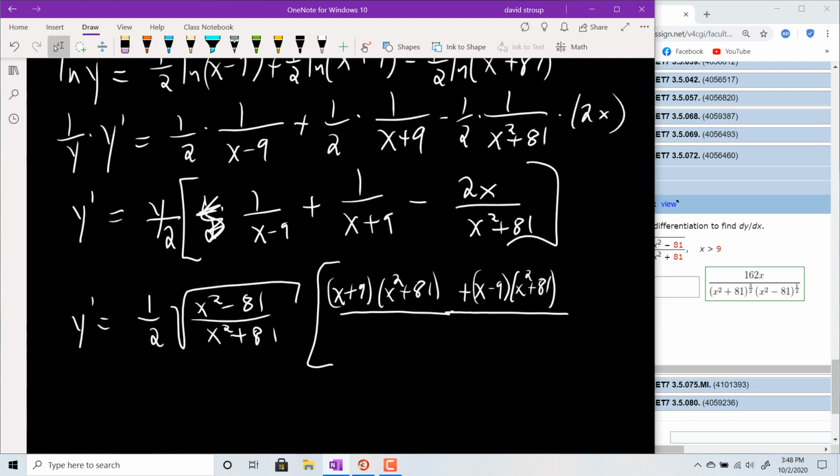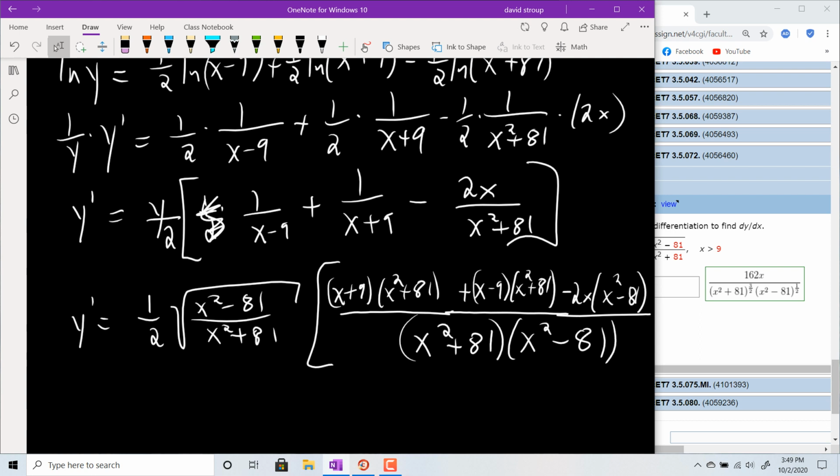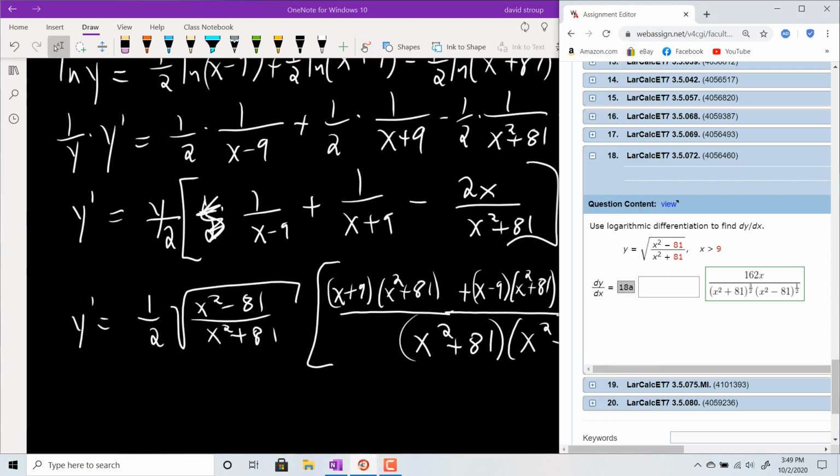And then the third guy will be minus 2x times x squared minus 81. And that would be all over x squared plus 81 times x squared minus 81, just in case you're wondering how they got the answer that you can see here in WebAssign.